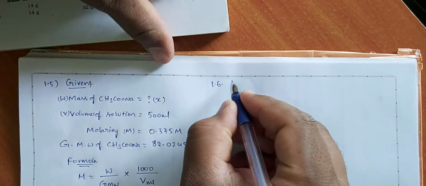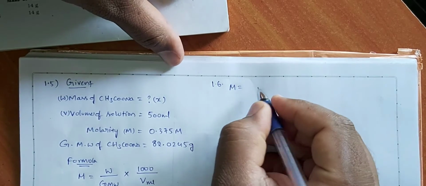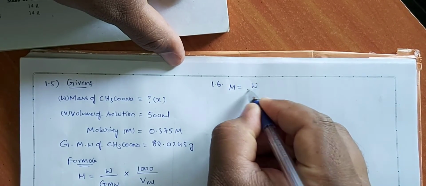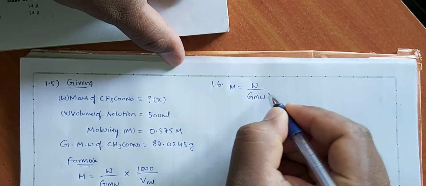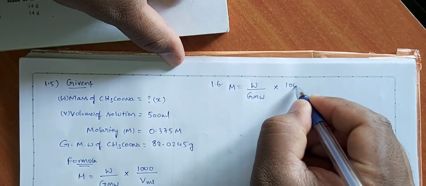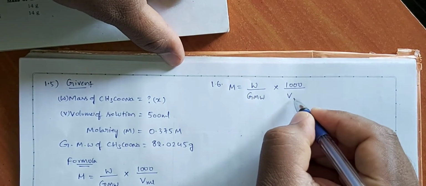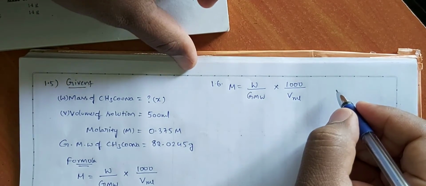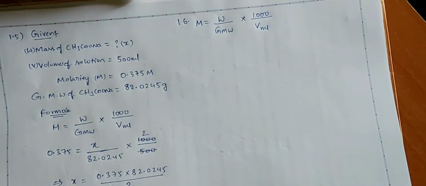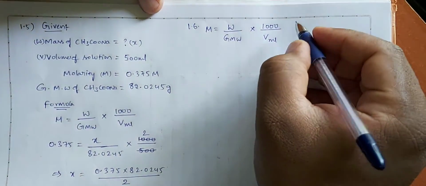Before that, molarity M is equal to, we know the formula, given weight by gram molecular weight into 1000 by volume of solution in milliliters. Already this formula we have. Now what I am going to do?